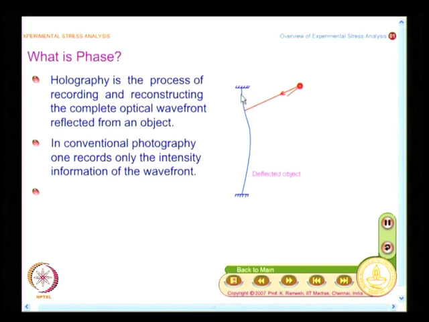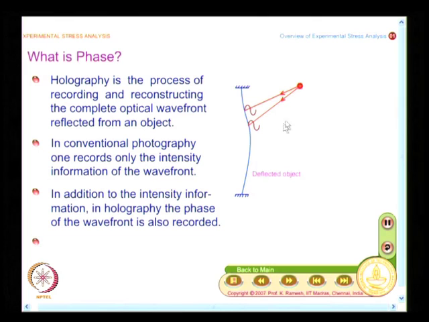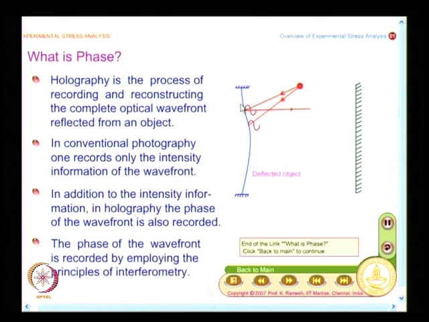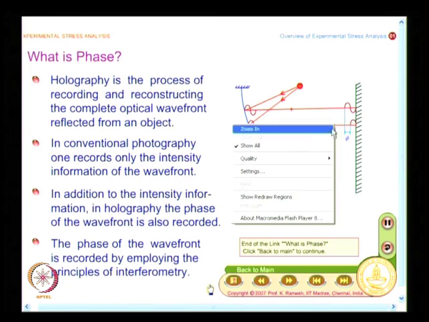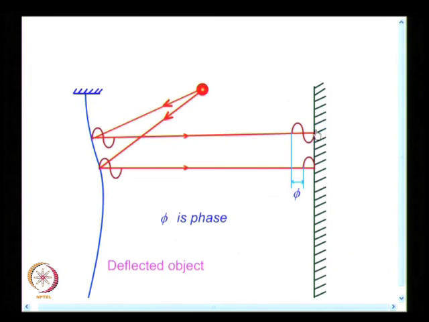I have a deformed object here, a light impinges on it and it reaches the model, and I would like you to have a fairly neat sketch of this, because this gives you in a nutshell an understanding of what phase is.